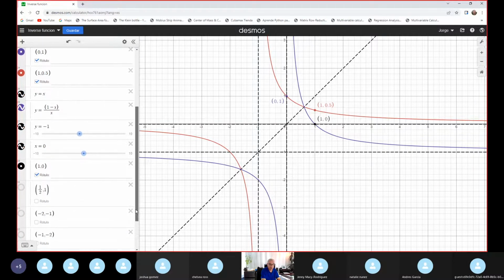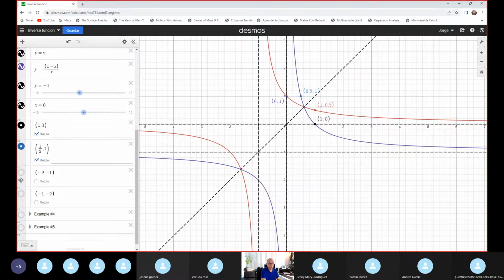Likewise, an arbitrary point is (1.5, 1/2), and the inverse would be (0.5, 1). I have another, (-2, -1) for the red one, and the purple color is (-1, -2).